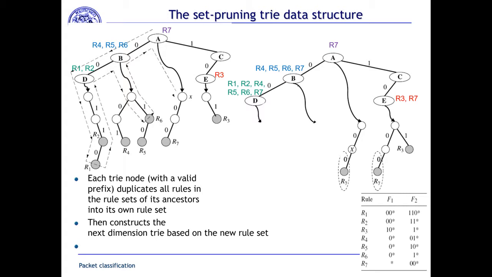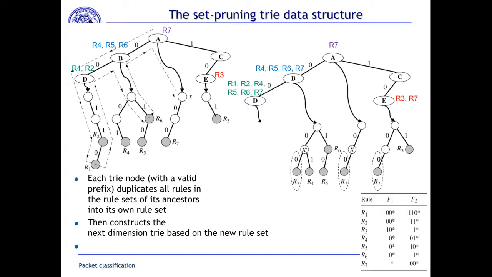Then we move to B. Originally B had only this trie attached. We have to copy onto B the tree from the rule set of A, and you can see that we already have the white node, so the white node does not change. We only have to add the gray node.